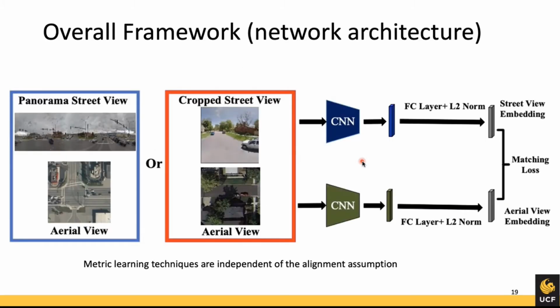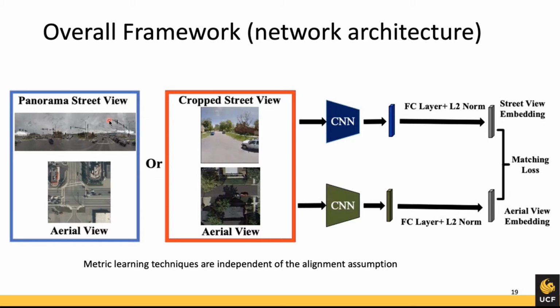We approach this problem from the metric learning perspective, because these metric learning techniques are independent of the alignment assumption. Here is the typical framework to build this image retrieval or image matching pipeline. The input will be the street view image, the query image, and the reference image, which is from the aerial view, since we are considering cross-view geolocalization.